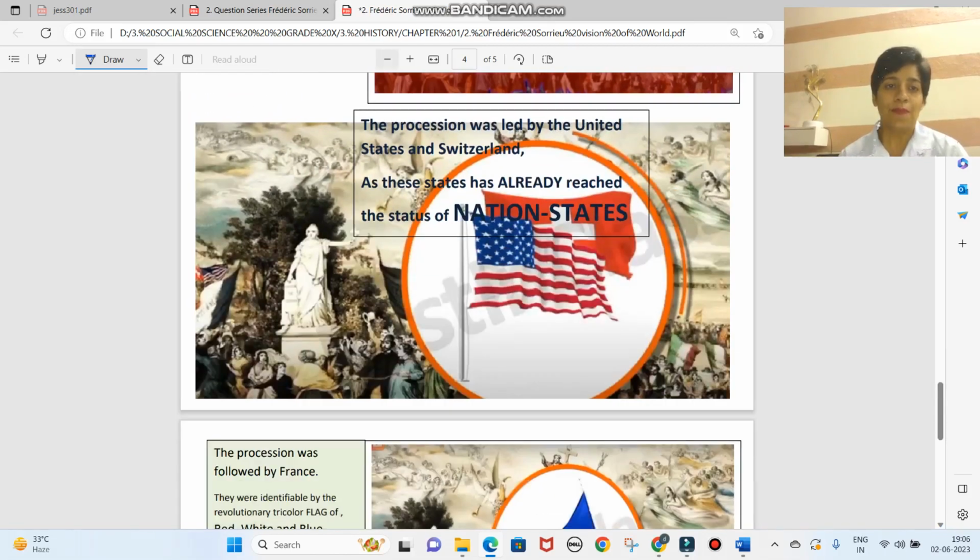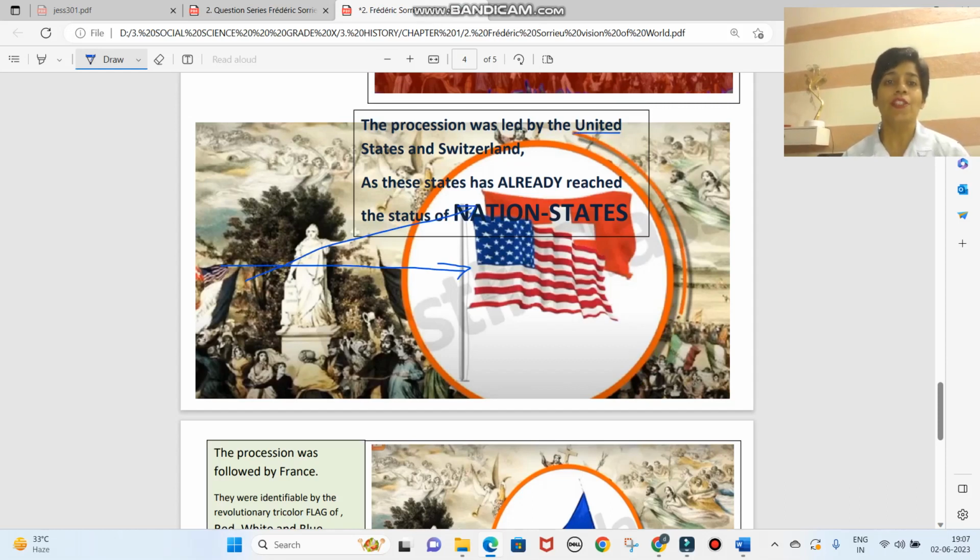Let's quickly see which of all the European regions and monarchies achieved the status of nation state first. We can see here the flags of two regions: this one is for America, and here is Switzerland.